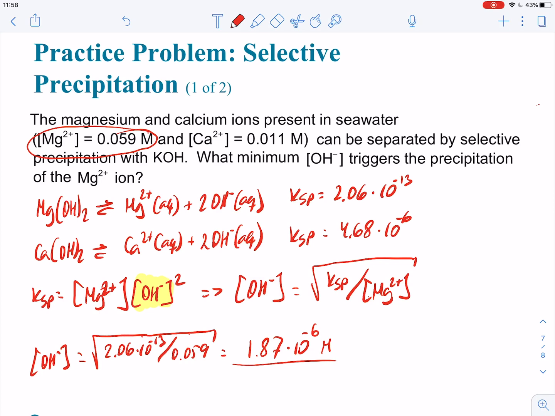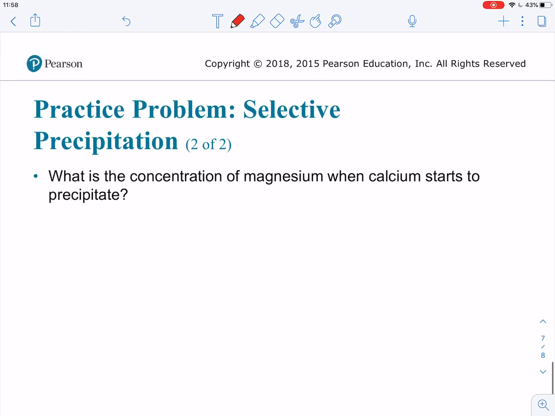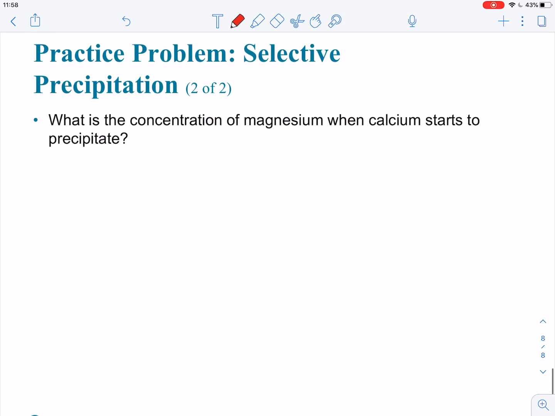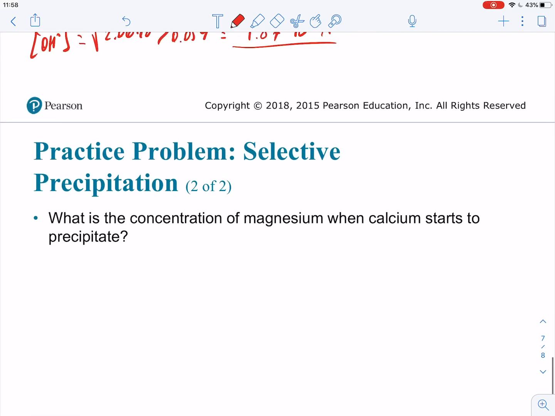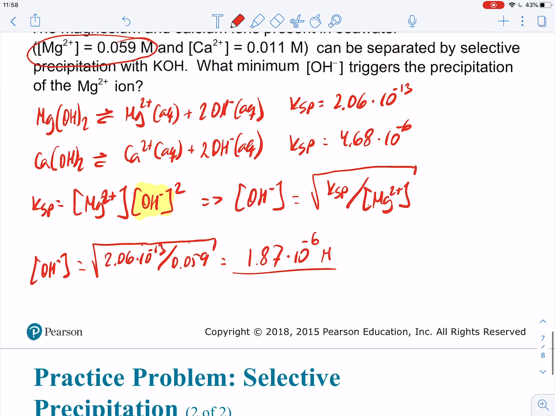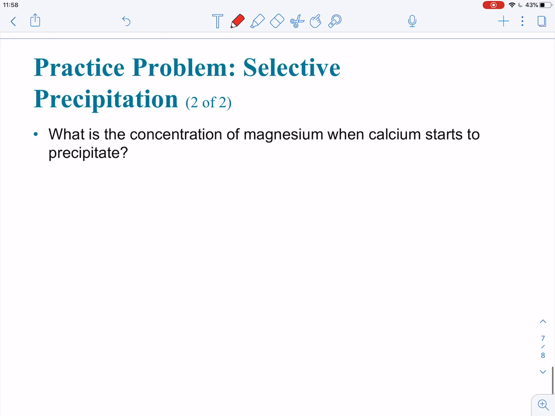But what if we extract a little more juice out of this problem? What if we ask what is the concentration of magnesium when calcium starts to precipitate? Well, now we have to calculate how much hydroxide you need to precipitate calcium. The expression is similar. For calcium, KSP is equal to the concentration of calcium times hydroxide squared.